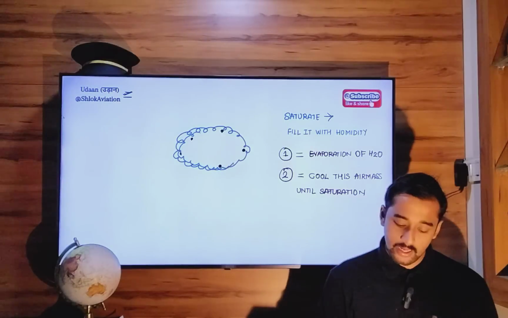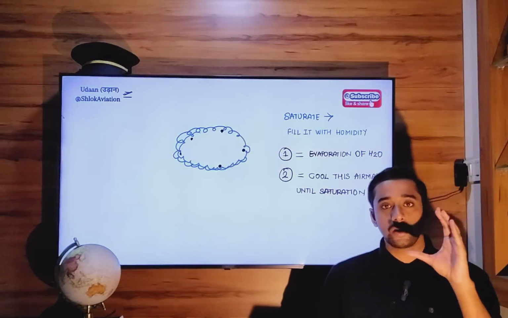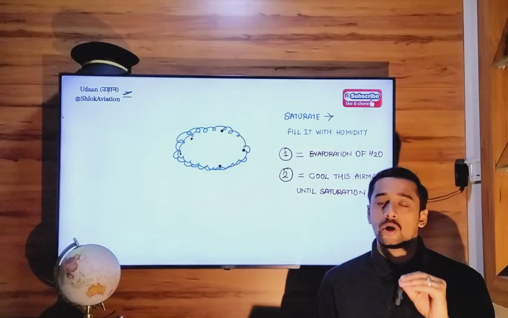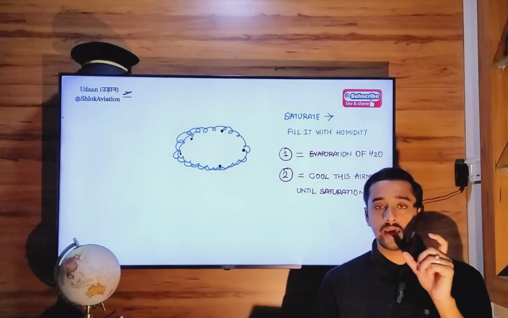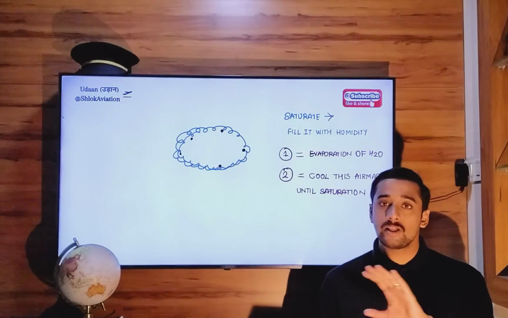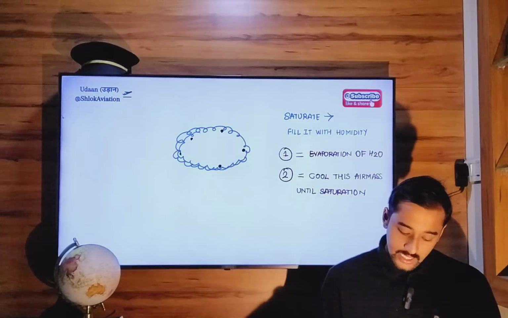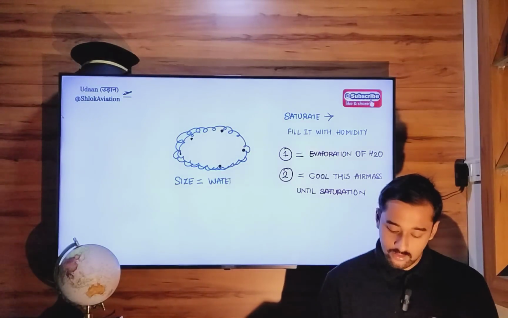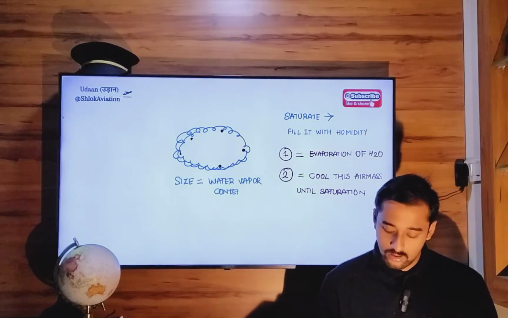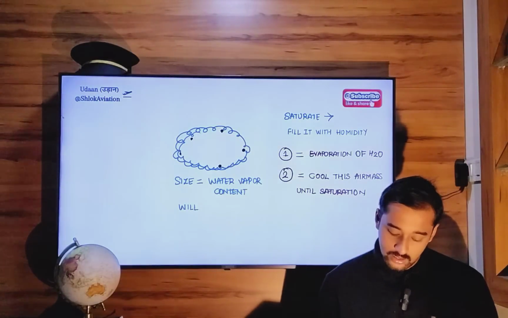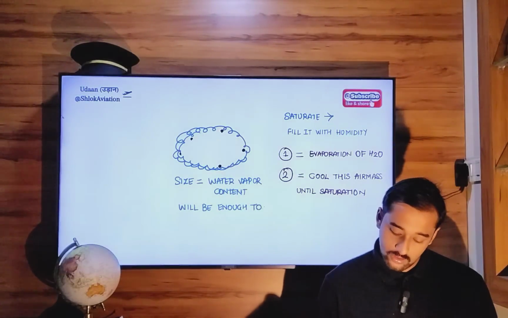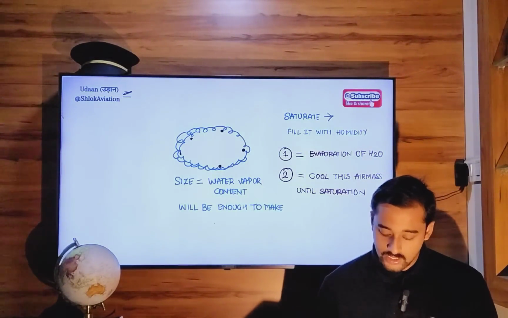You will achieve one point in which the volume of this air mass will reduce in size to a very large extent, and at a particular point of time, the size of the air mass and the water vapor content will be enough to make it saturated.